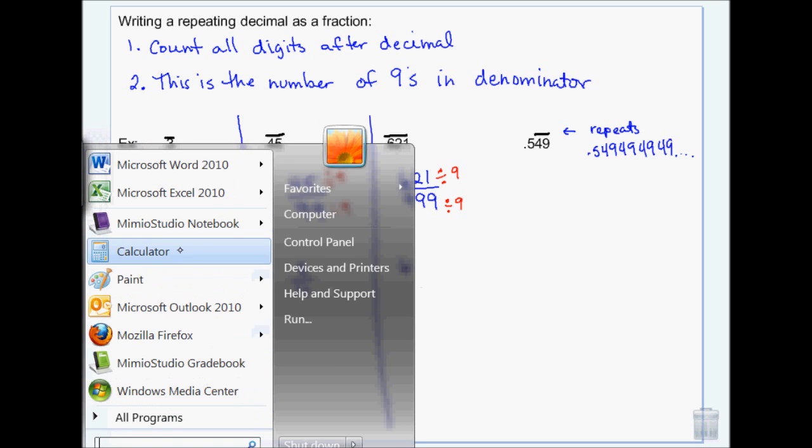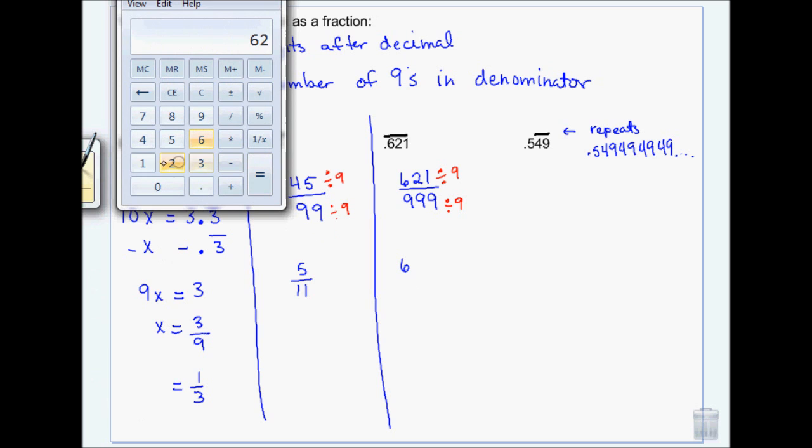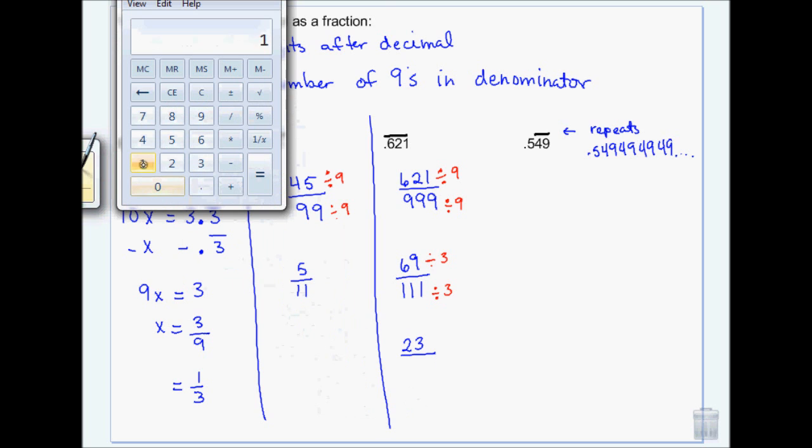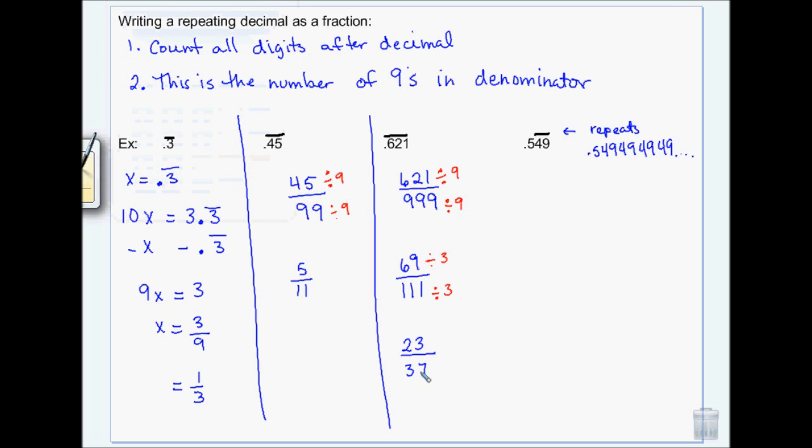I'm going to cheat. Okay, 69, if I add that together, I get 15, and if I add 111 together, I get 3. So this will divide by 3. And so I get 23 over 37.